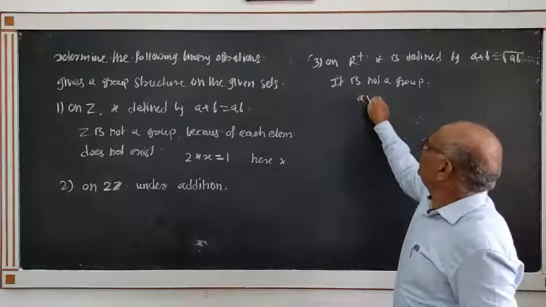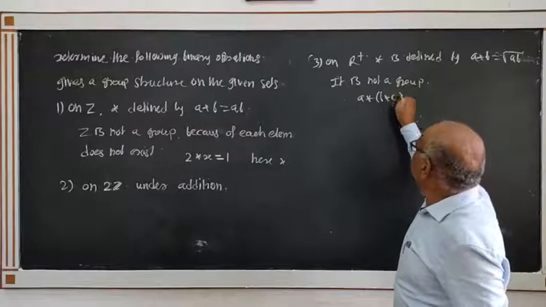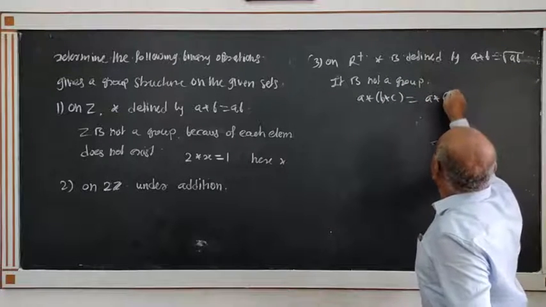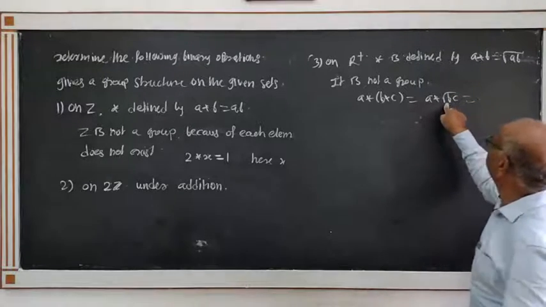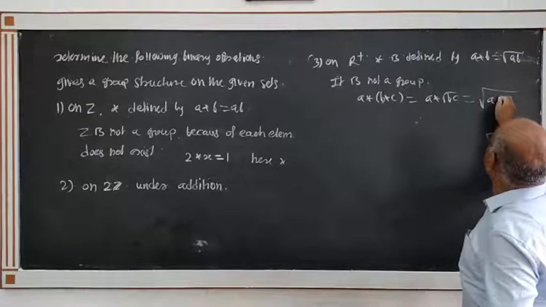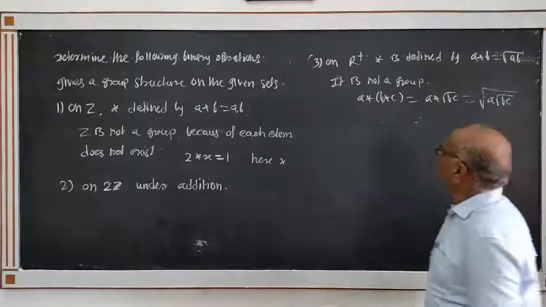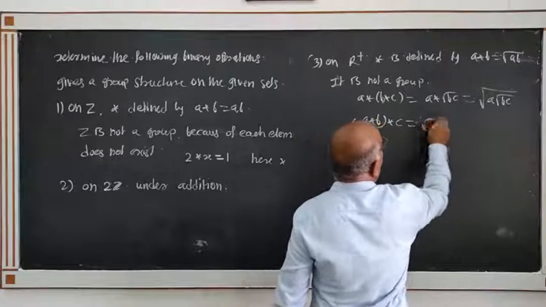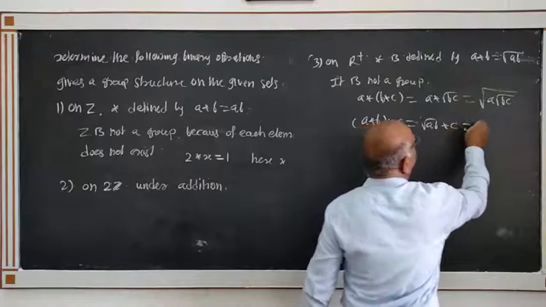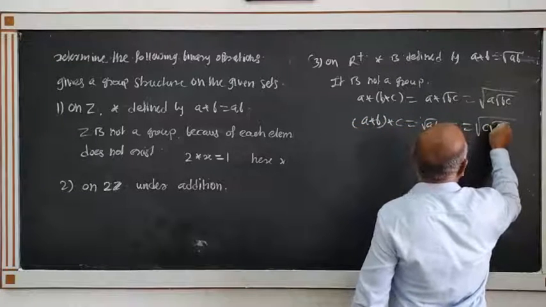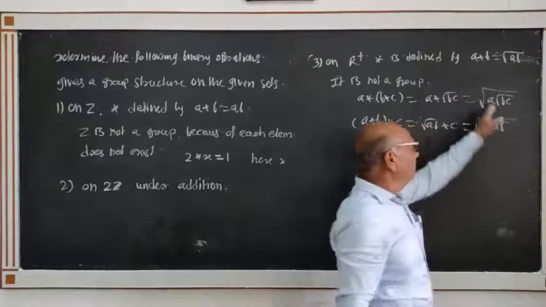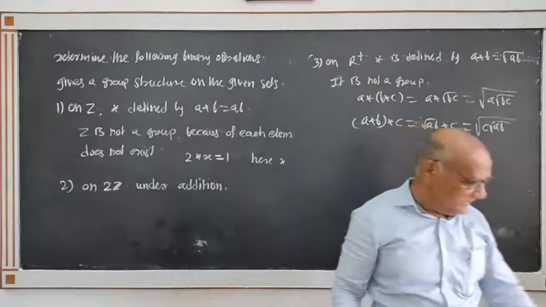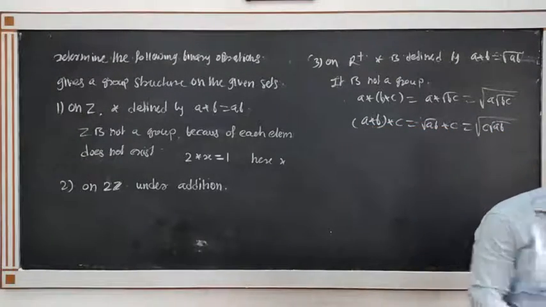Here (a * b) * c is equal to a * (bc), which is root a root bc, and the other way, (a * b) * c is root ab * c, which is root c root ab, like this. Both are not equal. So associative property not satisfied, so it is not a group.